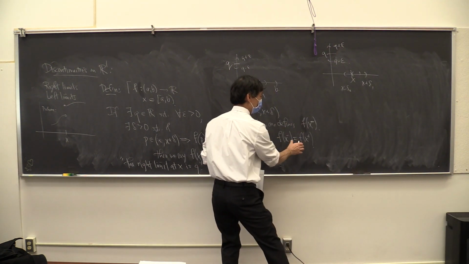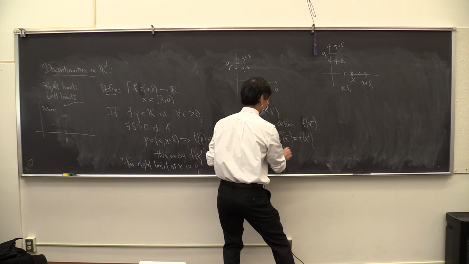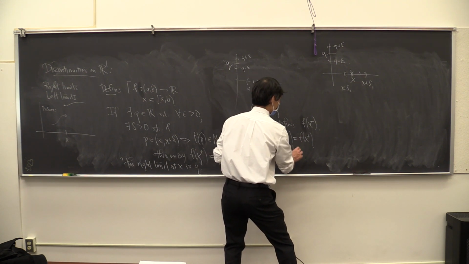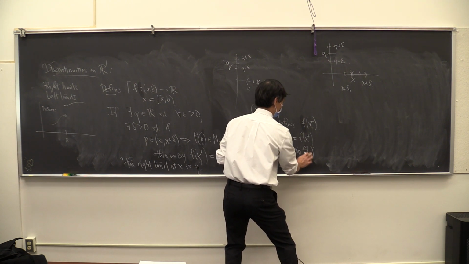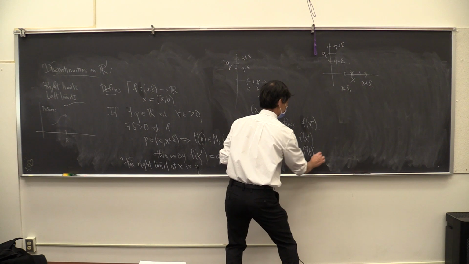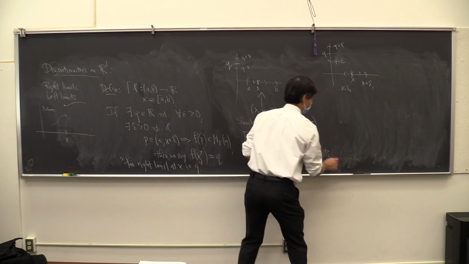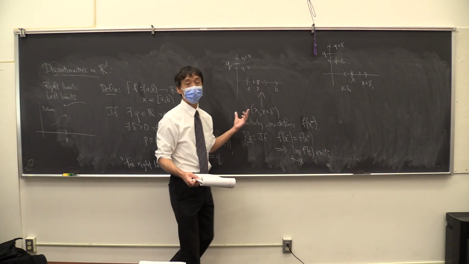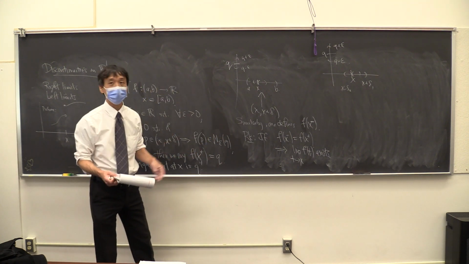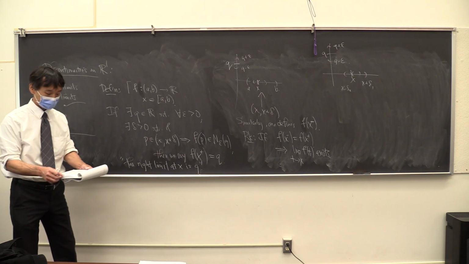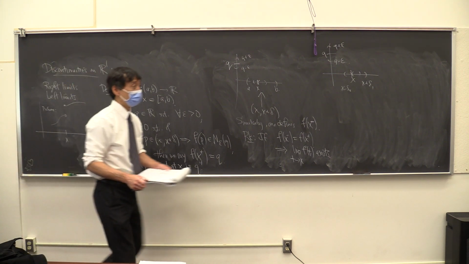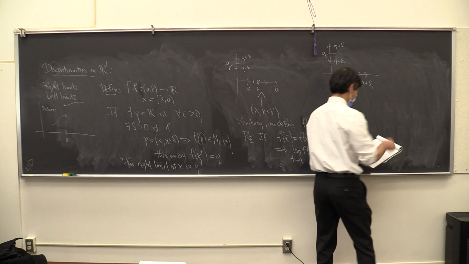So if the limit from right and the limit from left exist, then you know that the limit actually exists. Right? The existence of both of those right and left limits implies the existence of the limit, and vice versa. Okay.